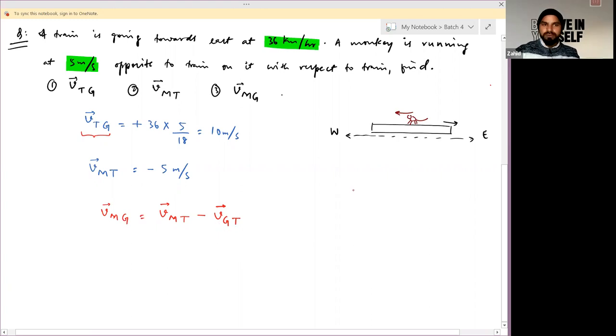So as we know, velocity of train with respect to ground will be opposite of velocity of ground with respect to train. So take negative sign. So you will get velocity of monkey with respect to train plus velocity of train with respect to ground. Now put all the values in this part, you'll get velocity of monkey with respect to ground.